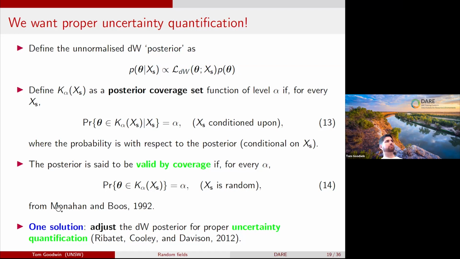From this Monahan and Boos paper from the 90s, what they argue is that if you want proper uncertainty quantification, then we want to make sure our posterior is valid by coverage. You can see that here we've conditioned on the data.